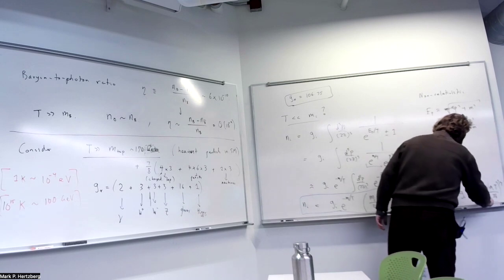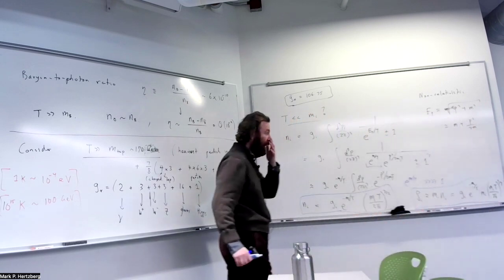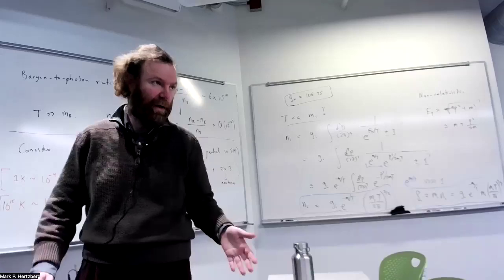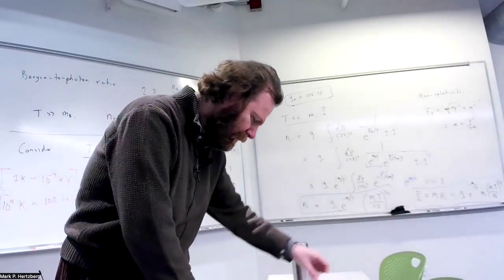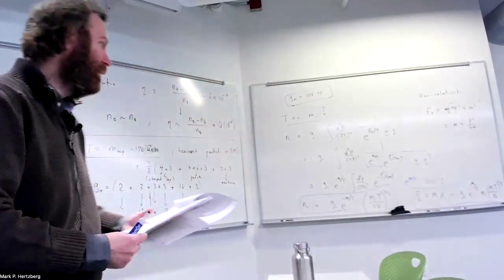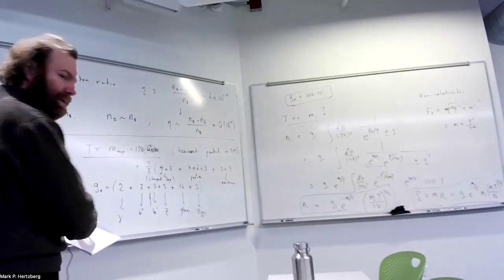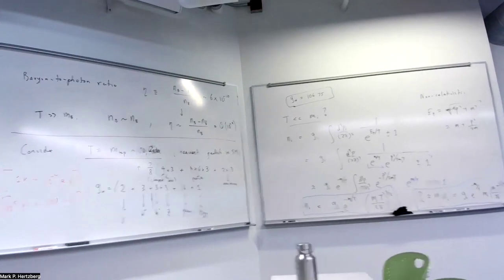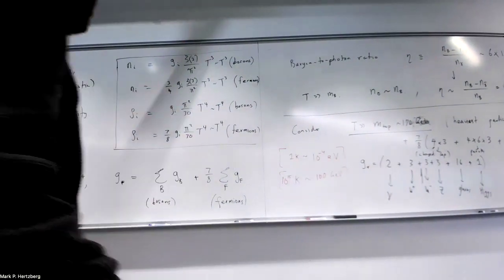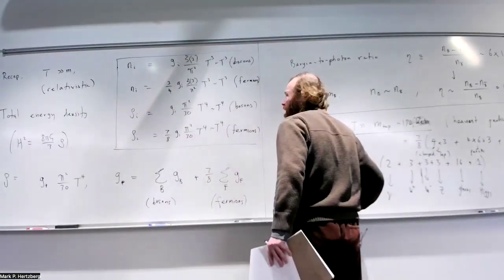So both the number density and the energy density are exponentially small quantities as we go to low temperatures. So let's have a little plot of what's going on.